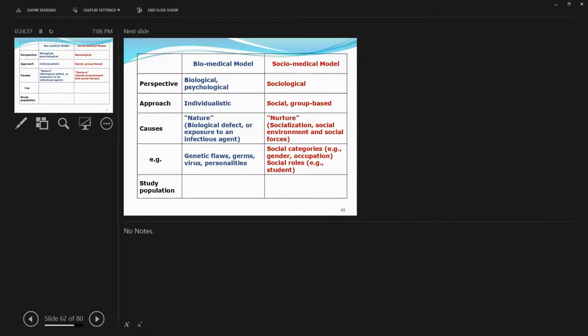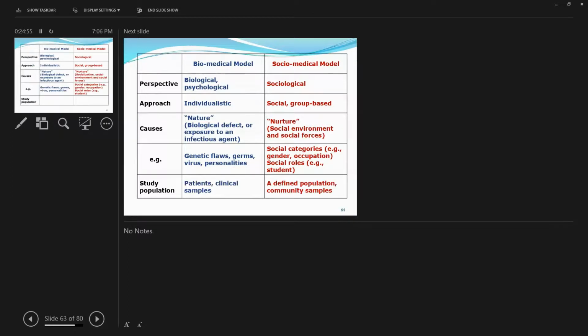Causes under the biomedical model, it's nature-based, right? Biological defect or exposure to an infectious agent. For the social medical model, it is nurture, social environment and social forces. Examples, so for the biomedical model, like genetic flaws, germs, virus, personalities, right?